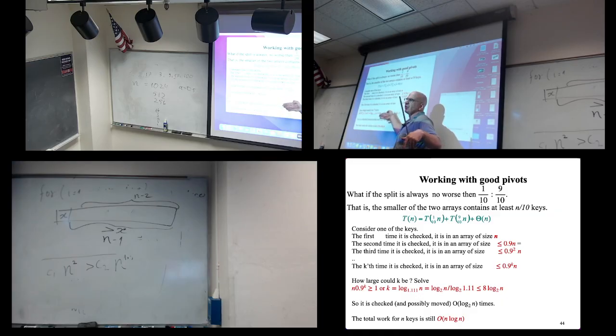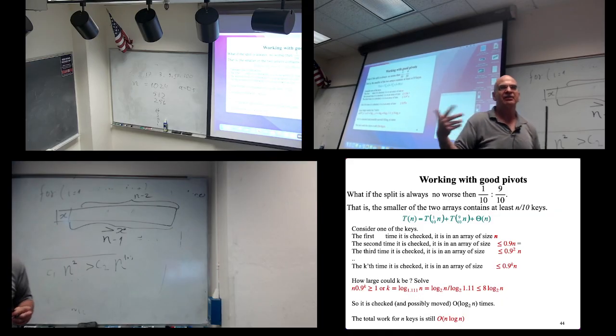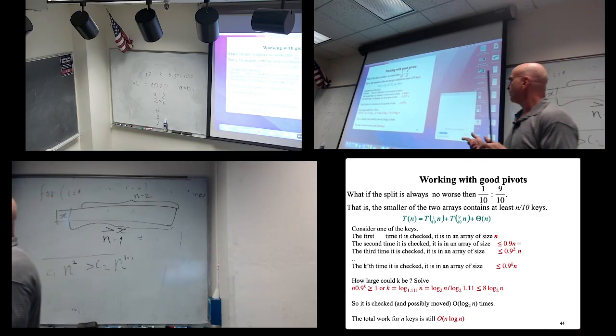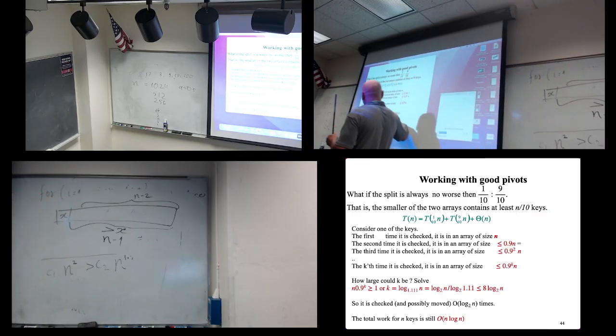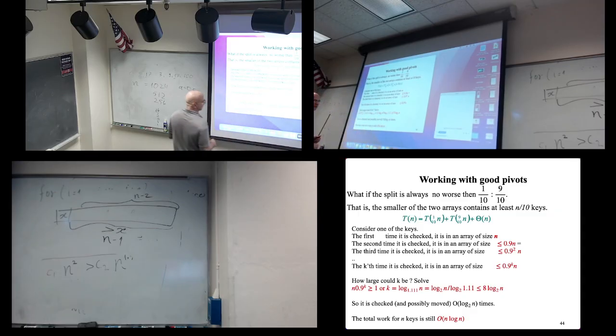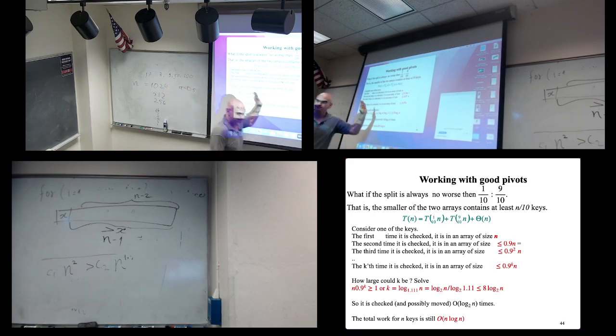So sure, there is an overhead of not very efficient, not very impactful partitions that I'm doing, but they happen only 20% of the time. And 80% of the time, it's good partitioning, and so if I just charge all the effort to the good partitions, it will be n log n. And it starts to be cool.